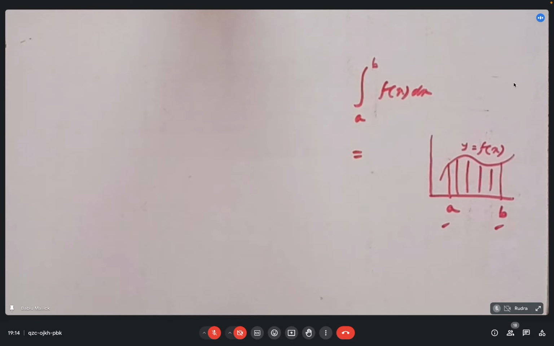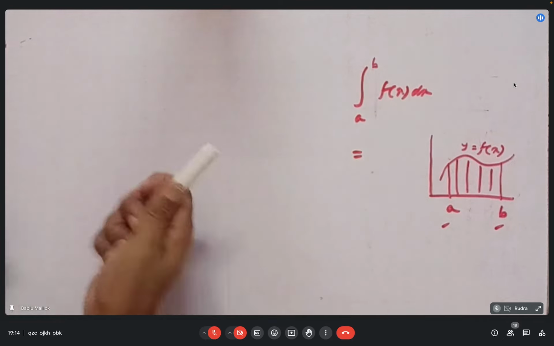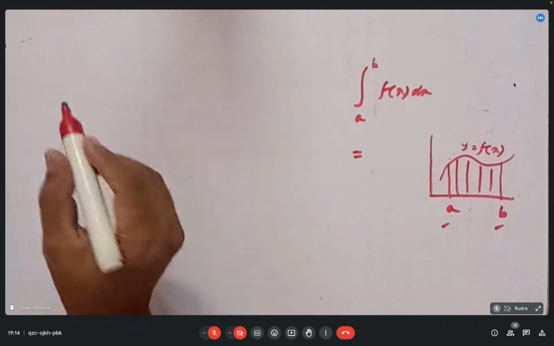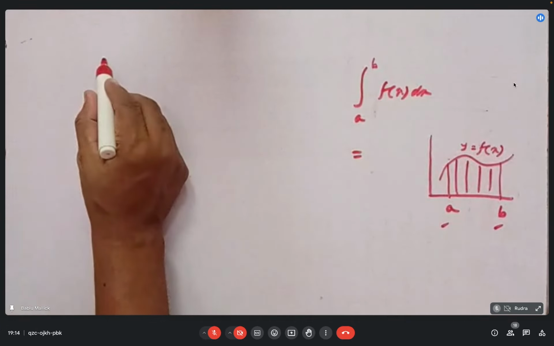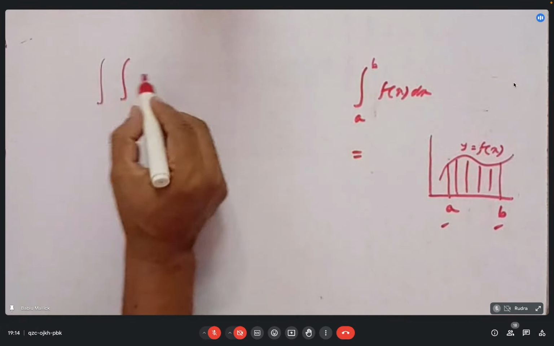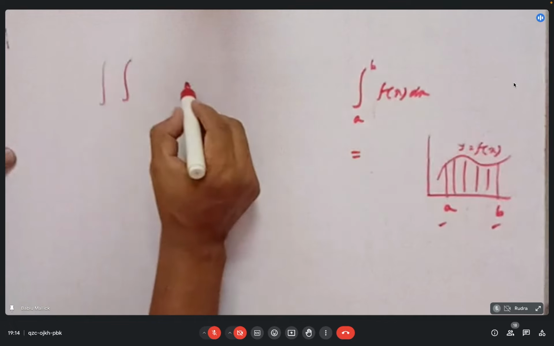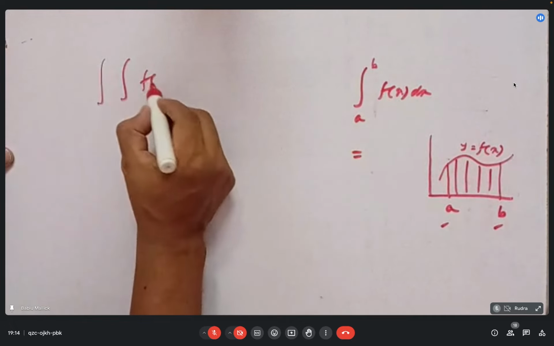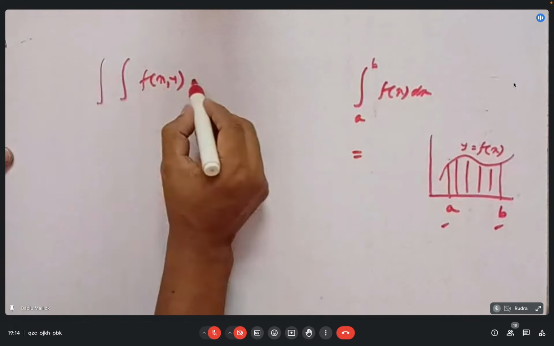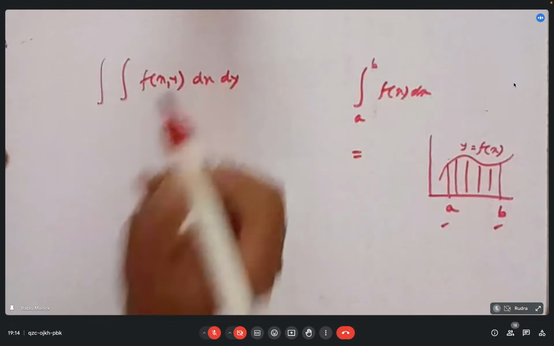Now here, multiple integral, what does it mean? This integration, look at the board. Here we are integrating double integration of some function of x and y, dx dy. What does it mean?